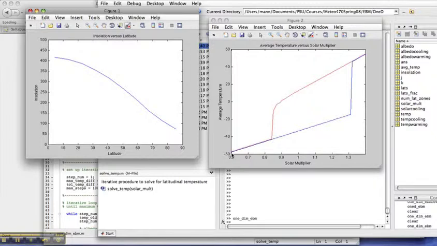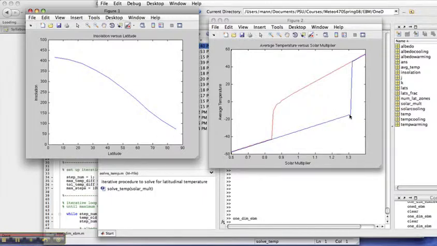As you start with a frozen ice-covered Earth, solar constant 40% lower than today, it of course warms as we increase the solar multiplier, but it's still ice-covered, and it actually remains ice-covered, and the temperature remains very low. The average temperature of the Earth remains well below zero, all the way until we reach a solar constant of 30% larger than today.